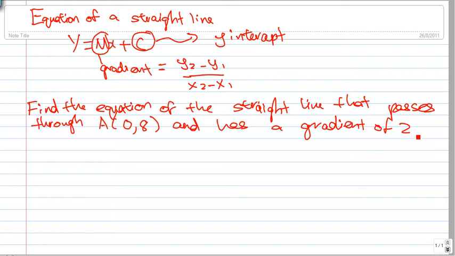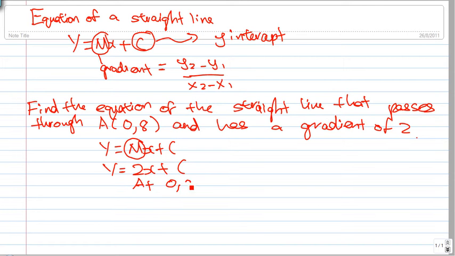Now let me show you. If y equals mx plus c, and we know the gradient here is 2, we perform simple substitution. At (0, 8), x equals 0 and y equals 8, so you substitute: 8 equals 2 times 0 plus c.